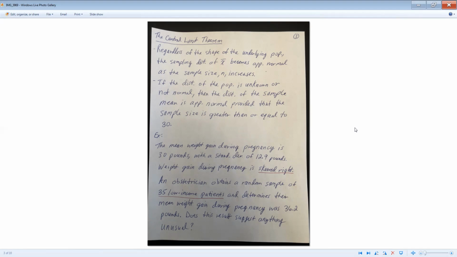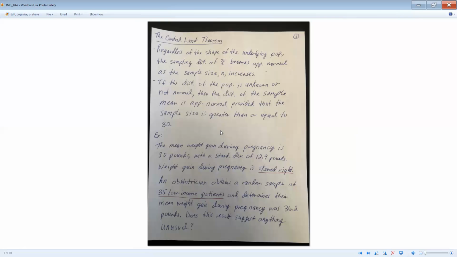If the distribution of the population is unknown or not normal, then the distribution of the sample mean is approximately normal, provided that the sample size is greater than or equal to 30. So 30 is the magic number. We want to be equal to 30 or go over 30 in order for our sampling distribution to be approximately normally distributed.